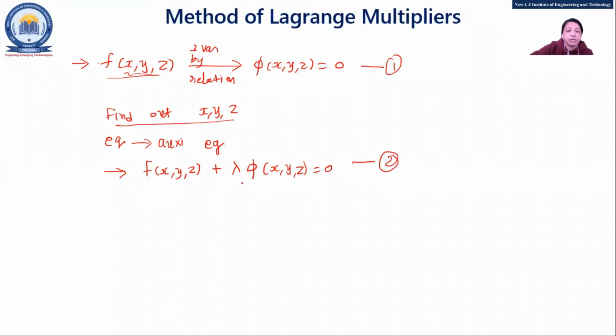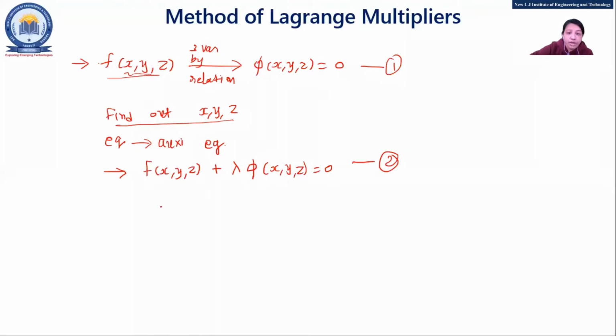Now what is the method? Like in the last topic, extreme value with constraint, where we had step 1, 2, 3, here also some function is given and some relation is given, and this is my auxiliary equation. Now how to find x, y, z?